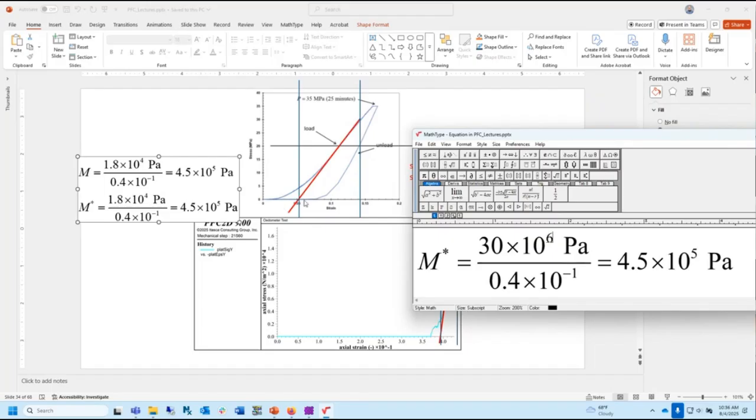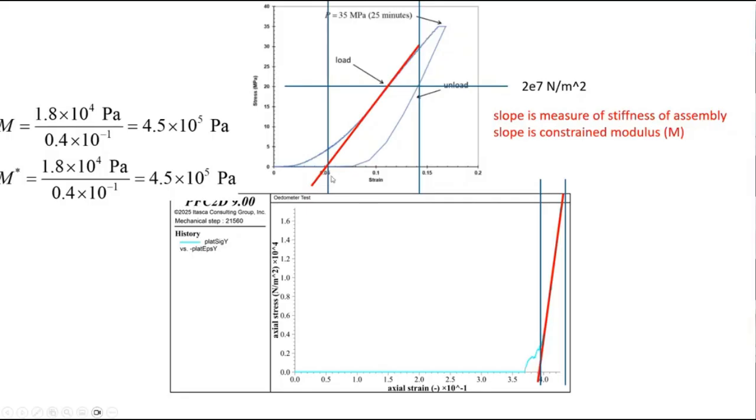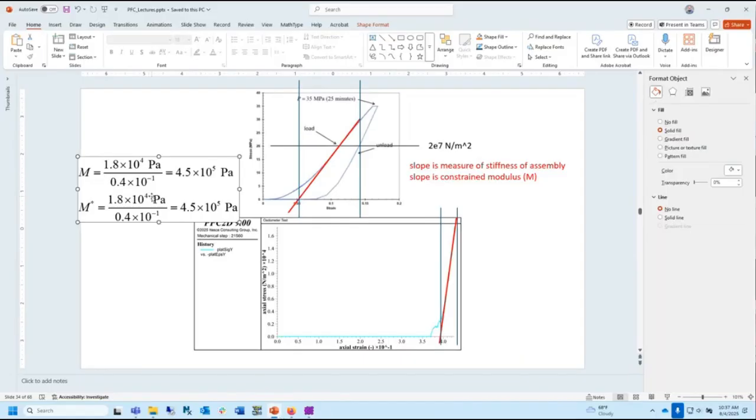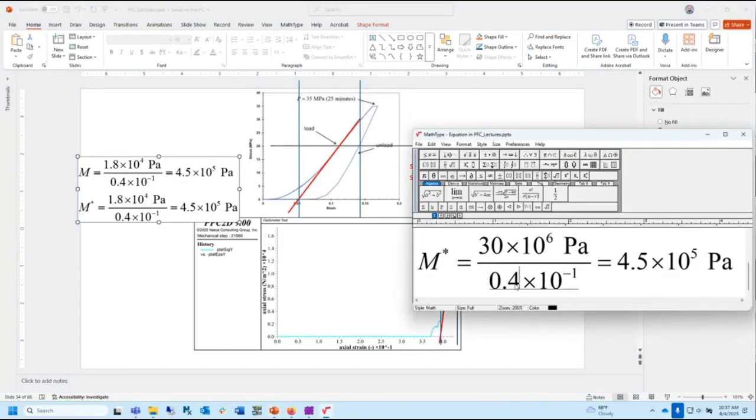And change in strain on this guy, help me, what is it, Ayat? 0.14 to 0.05, close enough. So that's 0.09.